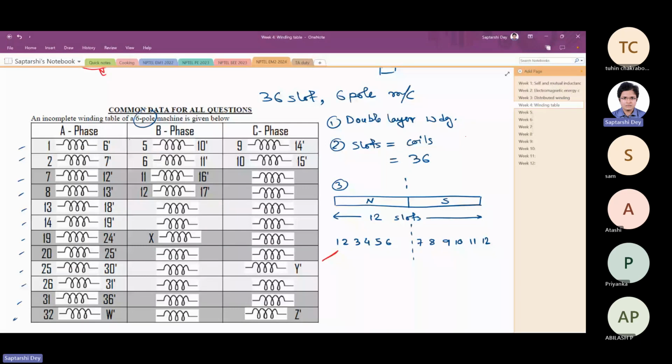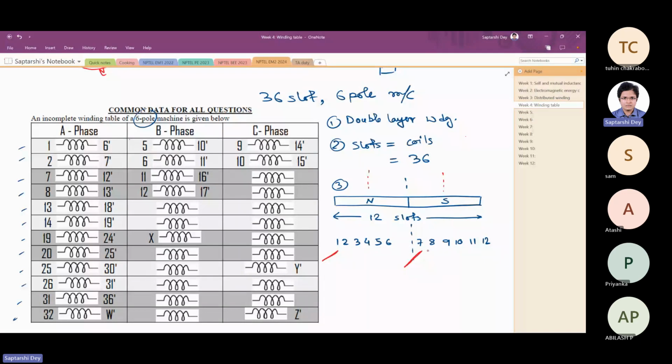So if it is a full pitch winding and one coil goes at slot number 1, it should return at slot number 7, isn't it? Full pitch. So one pole pitch means from here to here, one pole pitch. So full pitch means if it goes from the first slot of north pole, it returns from the first slot of south pole, 7.